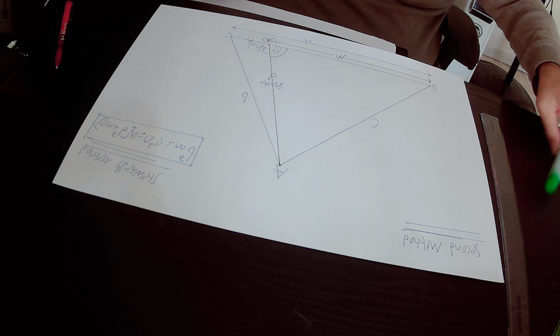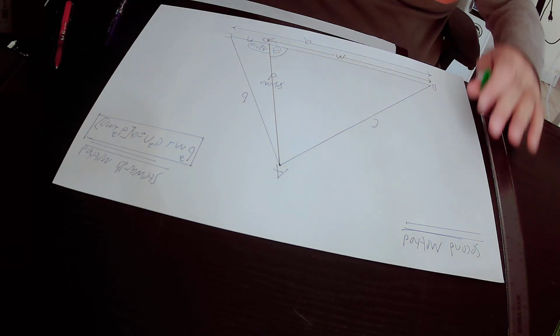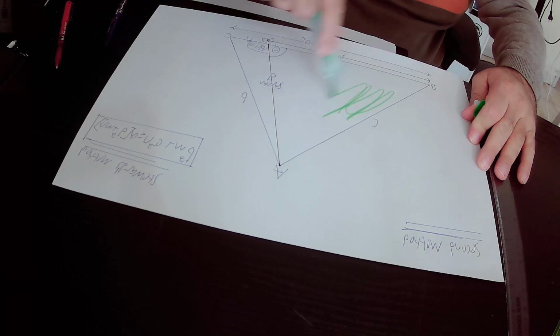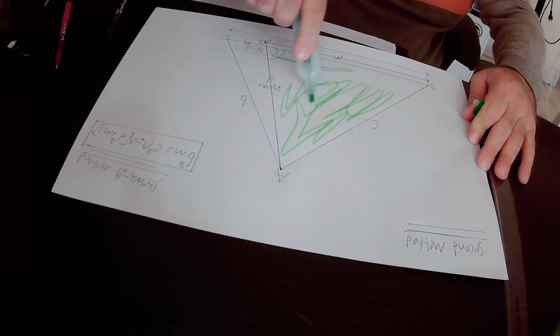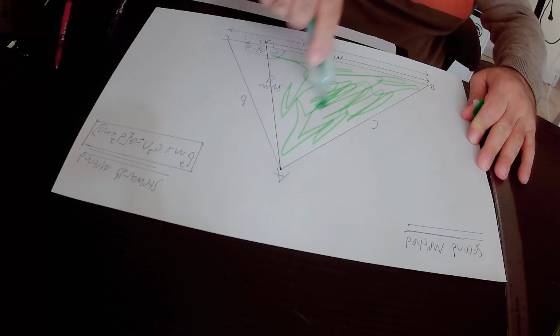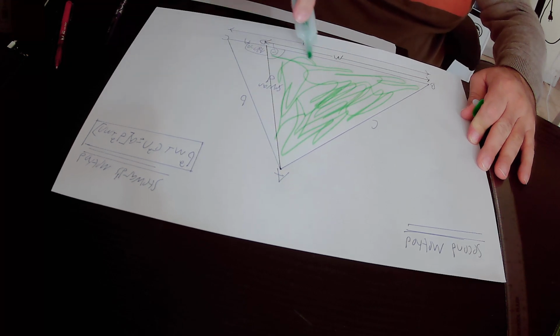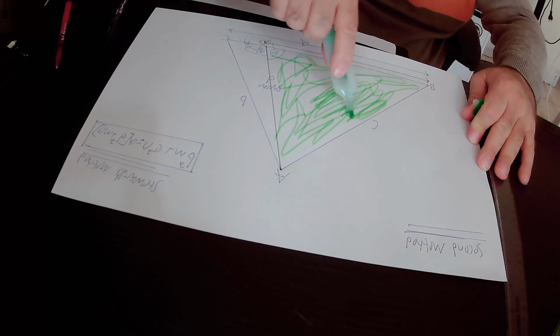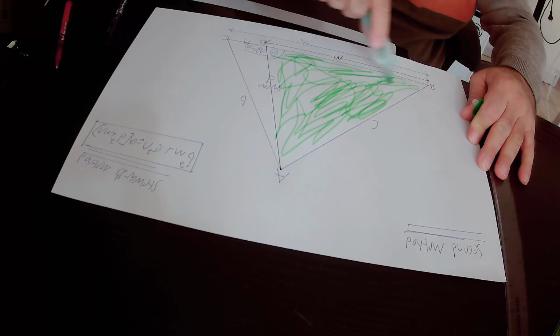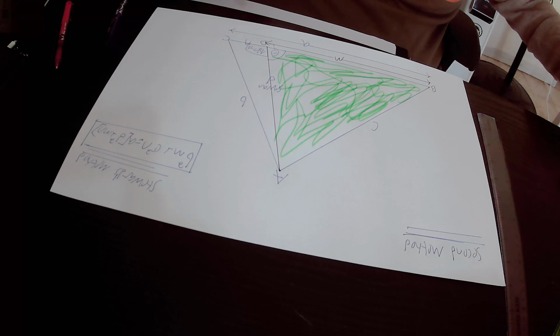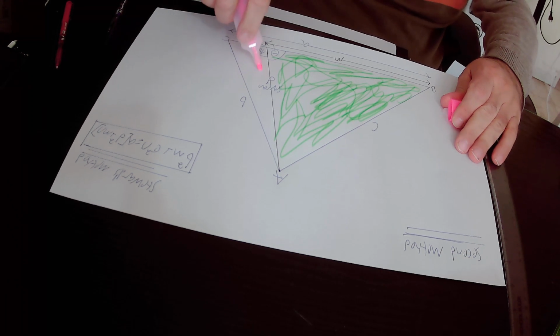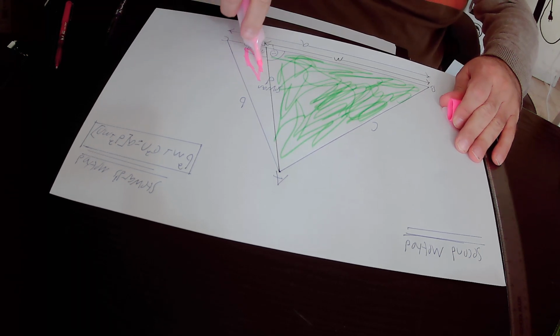Okay, so in the next step we will implement the law of cosines in the green triangle, triangle ABD, and also in the pink triangle, triangle ADC.